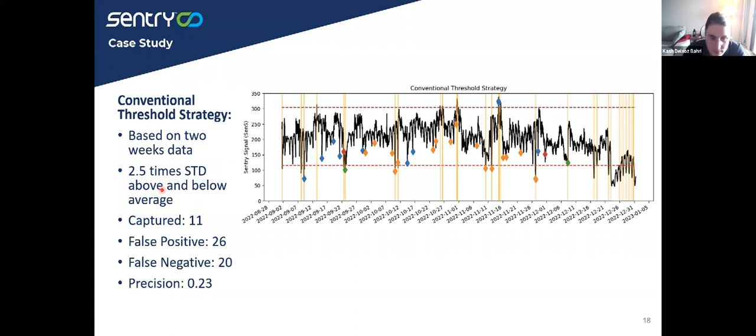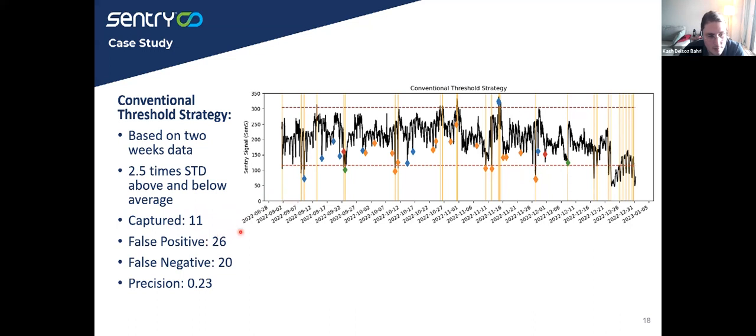This 2.5 is based on our experience; it is the value we usually use for our municipal clients. After that, every time the signal exceeds the higher threshold or falls below the lower threshold, we raise an alarm. With this methodology, we were able to capture 11 events.